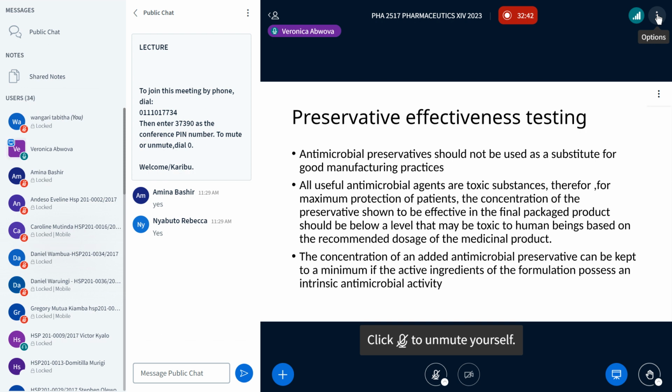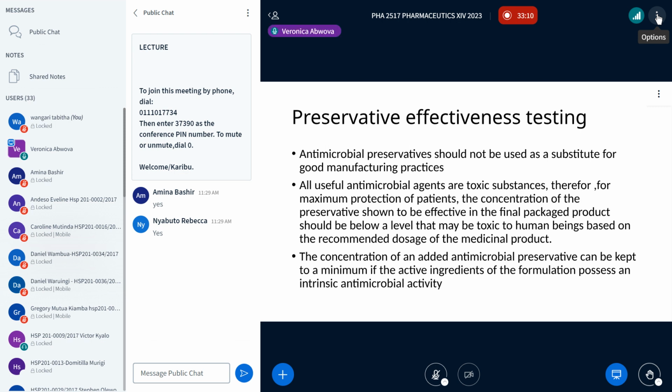Because these are chemicals. So that's what we are saying here, that within your final packaged product, you should be able to prove that the preservative is effective in the sense that it is killing microorganisms, but you should also be able to prove that at that concentration, it is not causing harm to the patient. Okay? I hope that is clear.